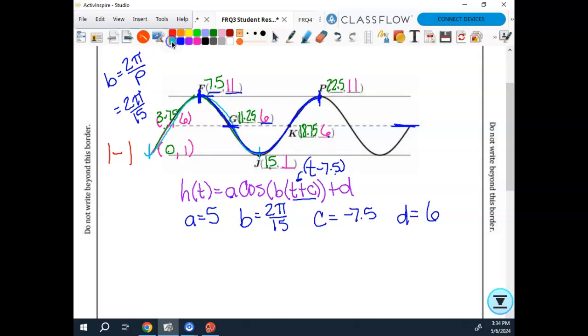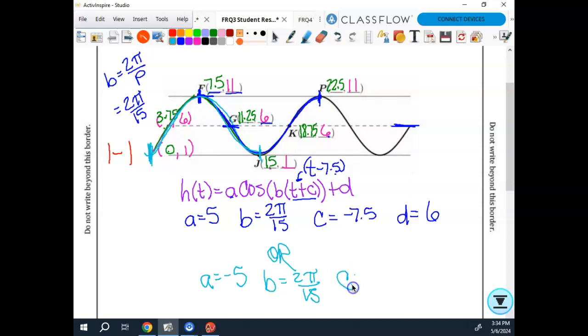Okay. Now let's look at the other way. Let's say we start here and we end here. That changes A. It's still 5, but that makes it negative because there's a reflection. The period stays the same. But since the x value is 0, we're actually starting on the y-axis, so I don't shift left or right.